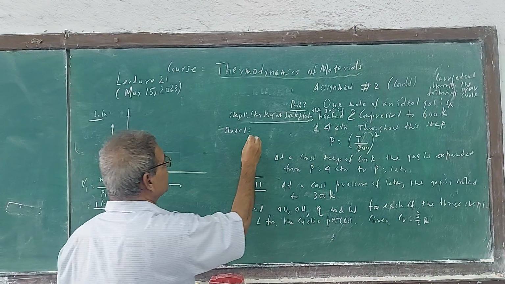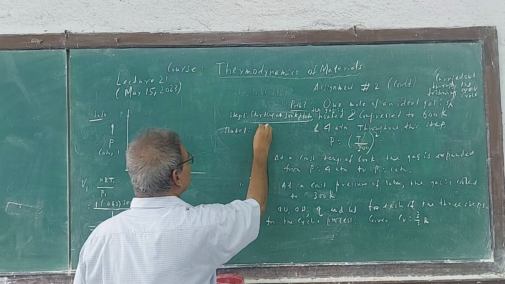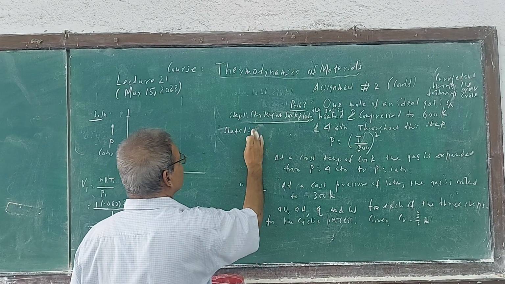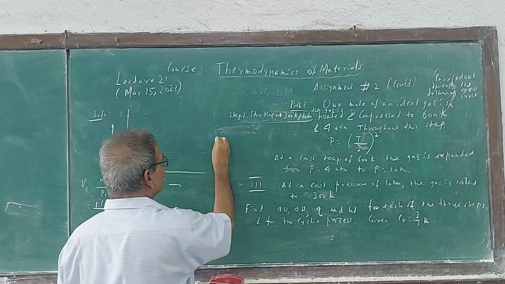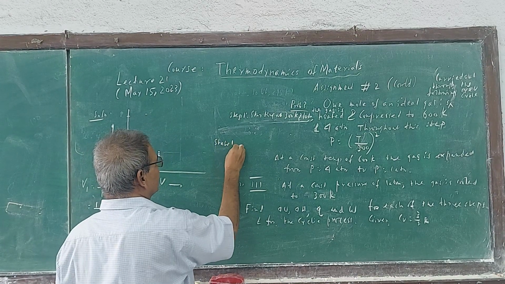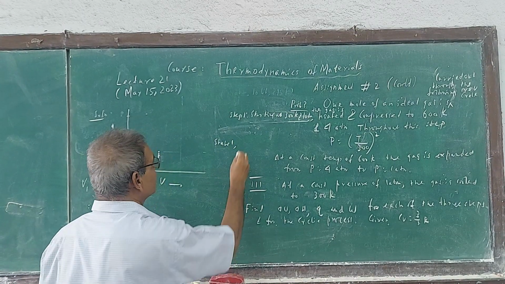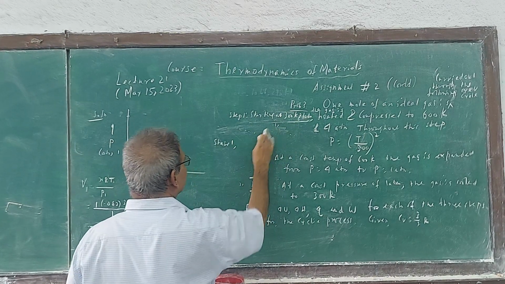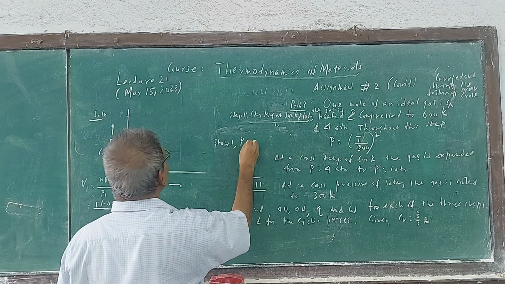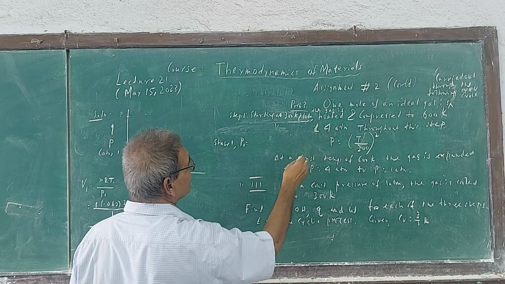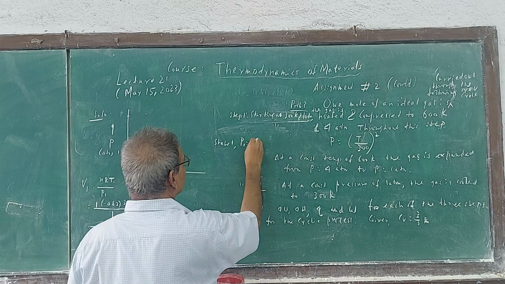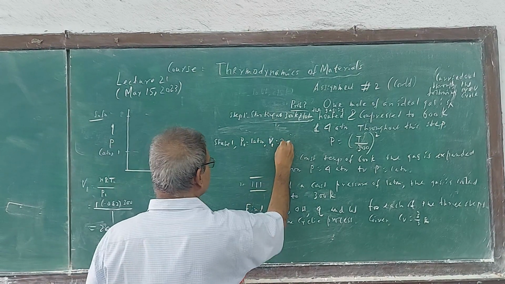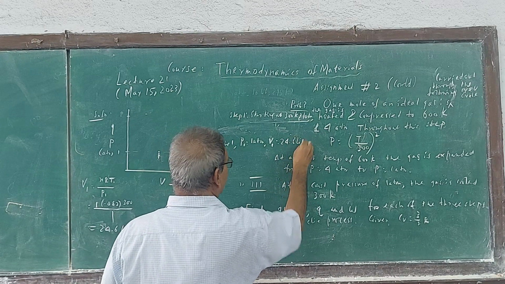What is this state 1? Write the pressure, volume and temperature below. Pressure P1 is 1 atmosphere. Volume is, a moment ago, 24.6 liter.